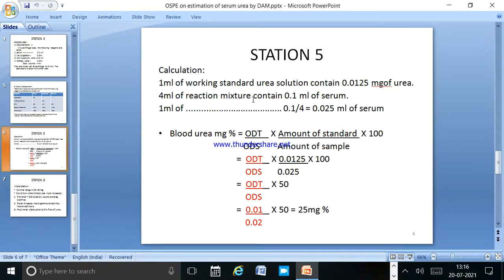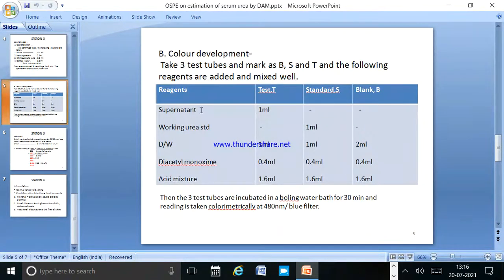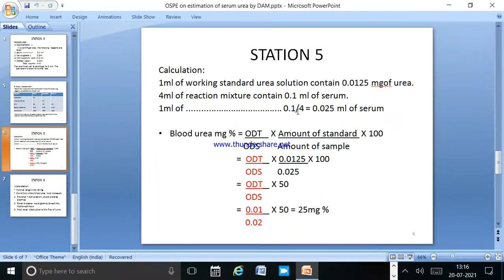That is why I mentioned deproteinization. In deproteinization, we use 0.1 ml of serum and make up a total volume of 4 ml with the other reagents. So the 1 ml of supernatant that we utilize will contain 0.1 by 4, that is 0.025 ml of serum. We substitute this value here also, and we get a multiplying factor of 50.